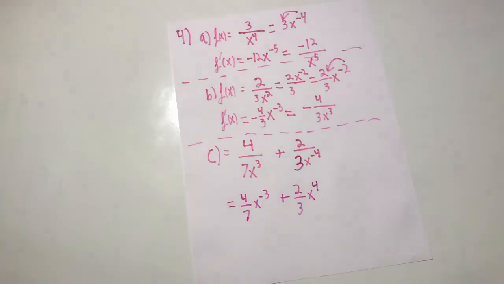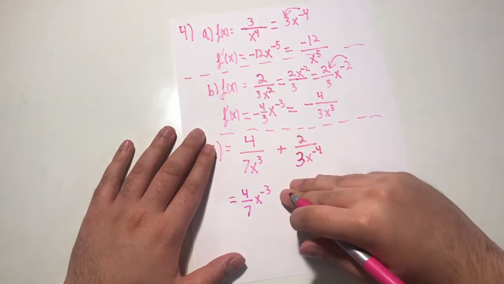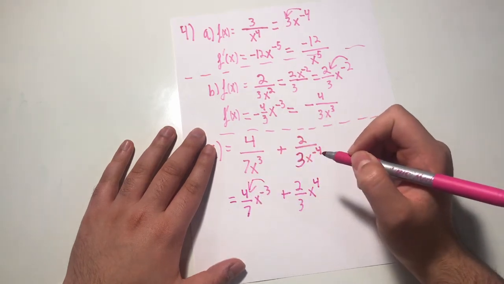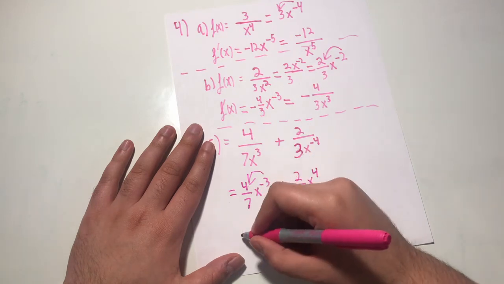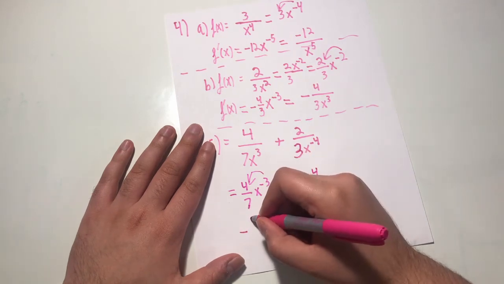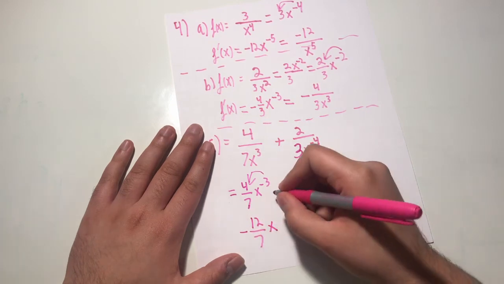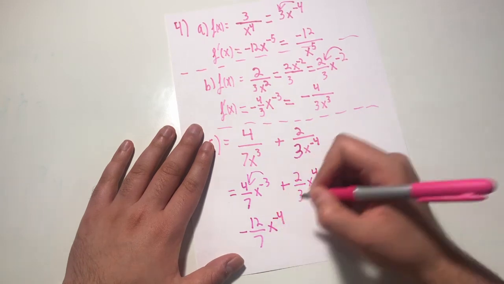Now we can do a derivative. So power rule says for the first thing, first term, we bring this negative 3, multiply it out with the coefficient, we bring it down. And that's going to become negative 3 times 4 over 7 should become negative 12 over 7. And then x raised to the negative 3 minus 1, which is negative 4.